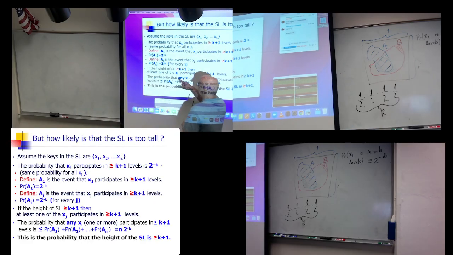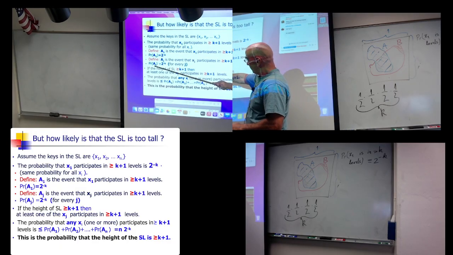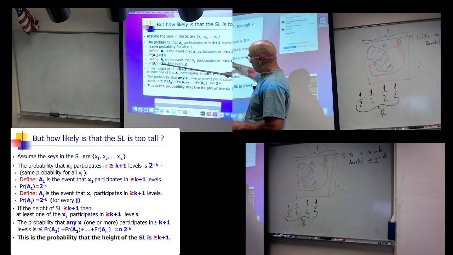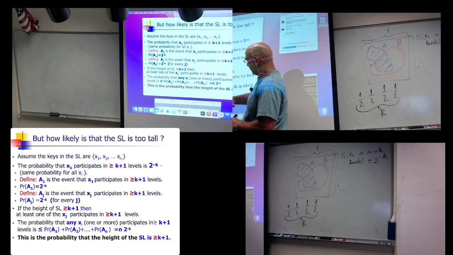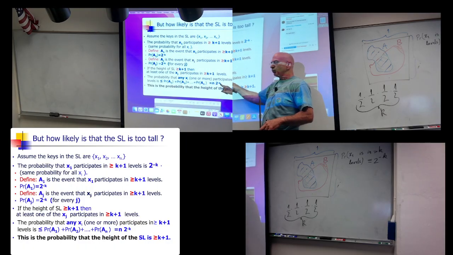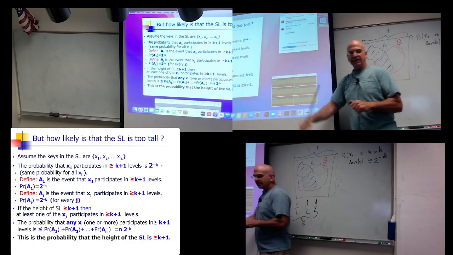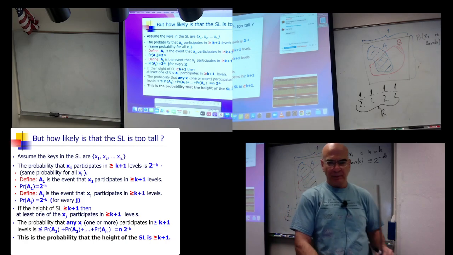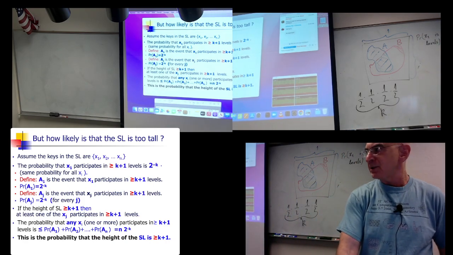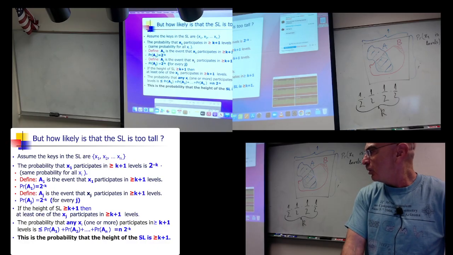And the probability that any of the aj's happens, either x1 or x2 or x3, is 2 to the minus k. Summing up all these numbers, you're just getting n times 2 to the minus k, 1 over 2 to the k. This number is the probability that the height of the skip list is more than log n. It might be overshooting, might be too large.